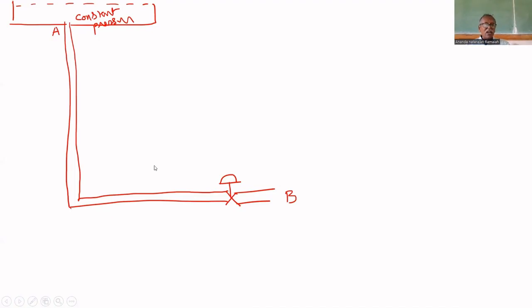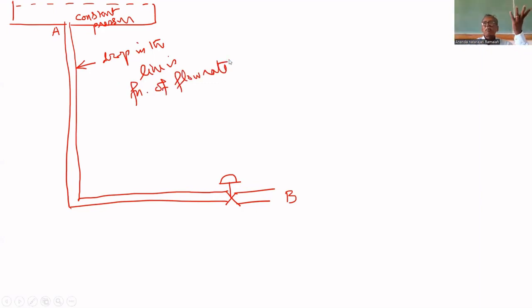Like that, here also the line will drop the pressure. This line drop is a function of flow rate, like current. If you open the valve fully, flow rate will be maximum, so the drop in the line will be more.